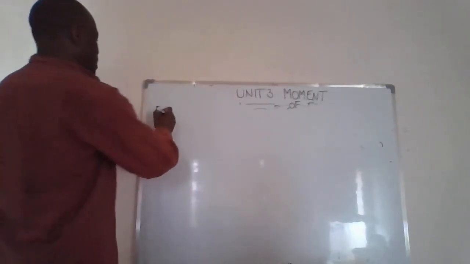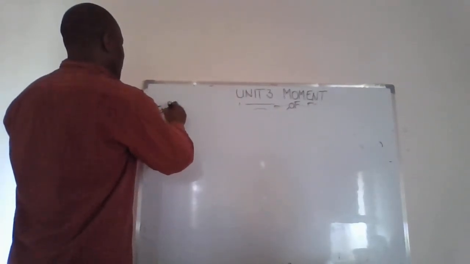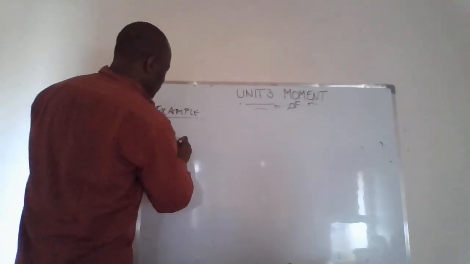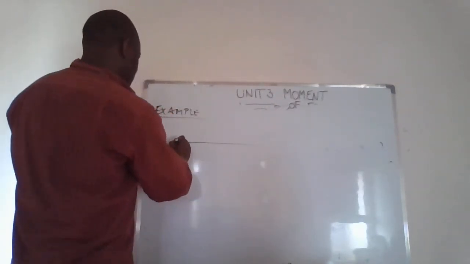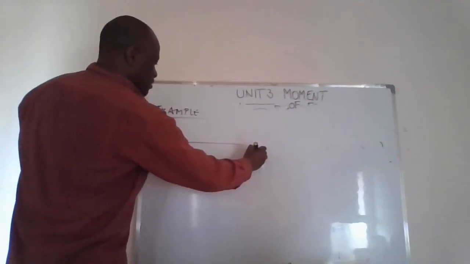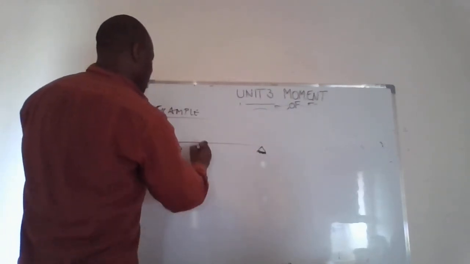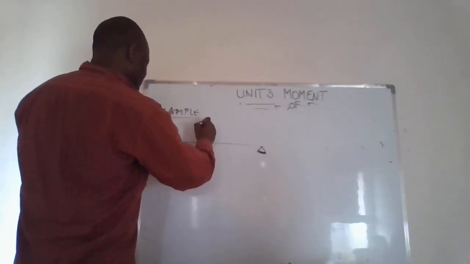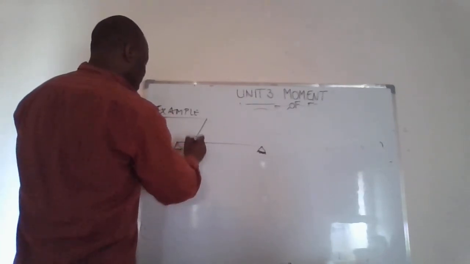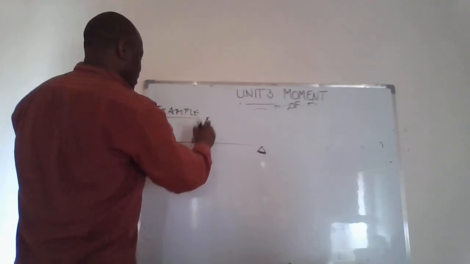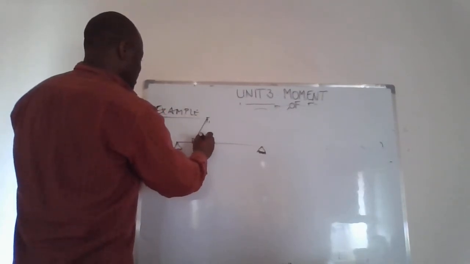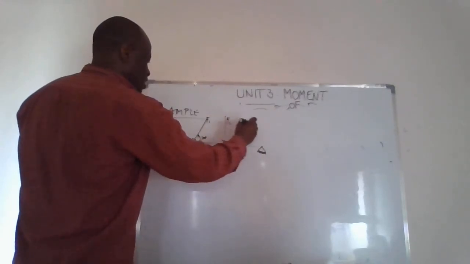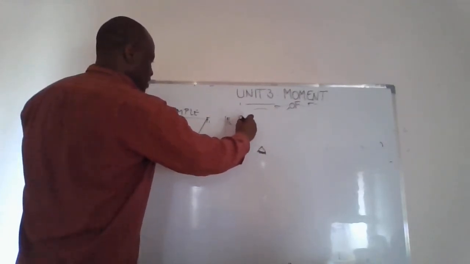Now, so far, we've dealt with cases where we only have loads that are vertical, concentrated or point loads that are vertical. But let's assume that we have a case like this: an inclined F1 at 30 degrees, and F2 here, and maybe F3.